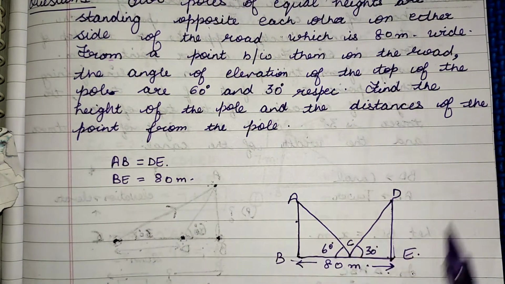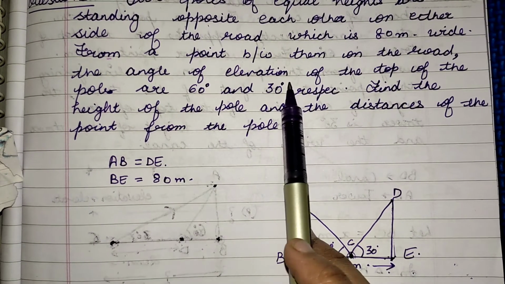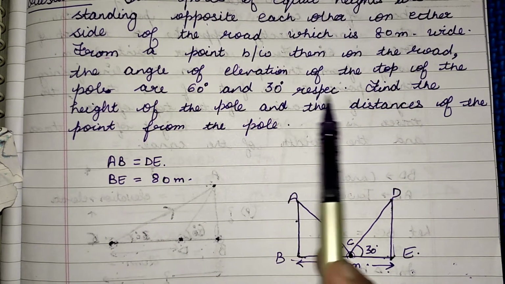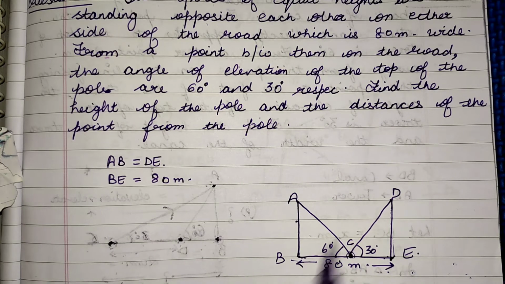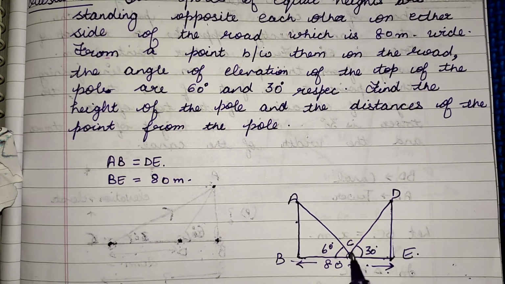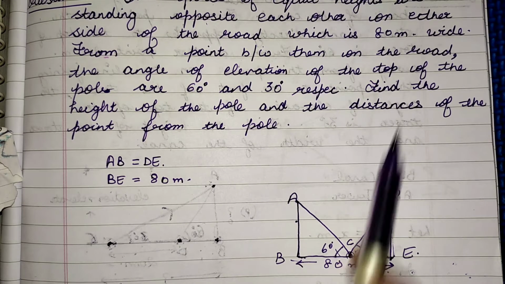From a point between them, any point between them, the point can be anywhere on the road, the angle of elevation of the top of the poles are 60 degree and 30 degree respectively. This angle of elevation from the top of both the poles is given to you equal to 60 degree and 30 degree.